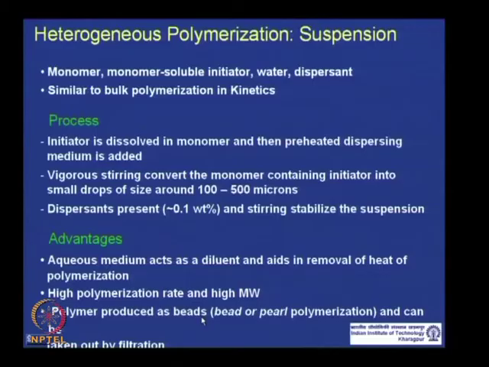So, you can maintain all the advantages of bulk polymerization, and you can get the polymers by filtration as beads. Now, these beads should not stick to each other, they should be rigid. If you want to isolate these polymers as beads, then they should be rigid and should not stick to each other. That happens if your polymer glass transition is way above room temperature, the temperature at which you are taking them out.